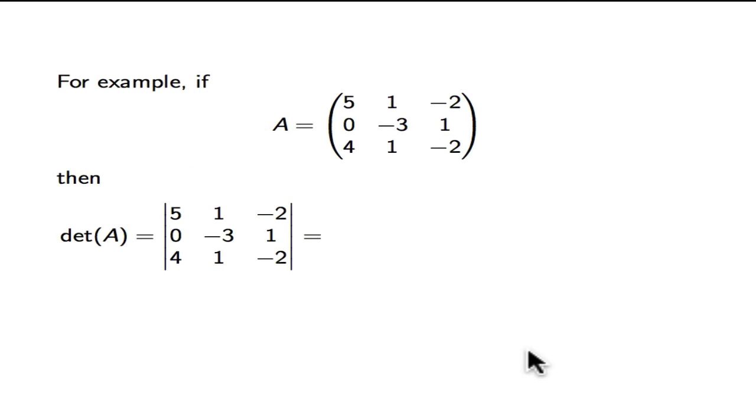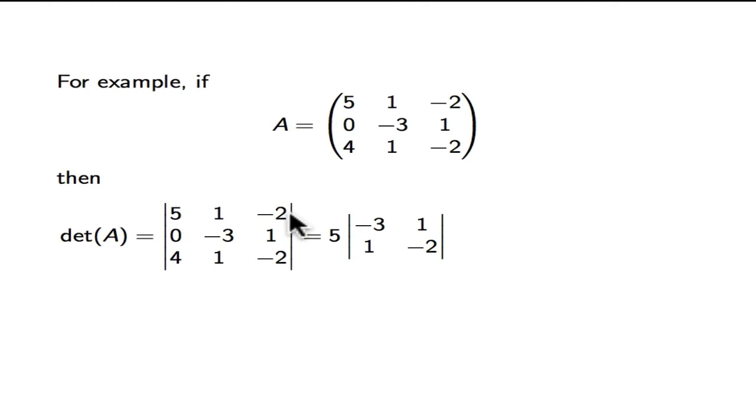Okay, so let's see a 3x3 example. Suppose we have this matrix A, and we want to compute the determinant of A. This is equal to 5 times C11, where C11 is equal to M11, which is obtained by deleting the first row, first column.